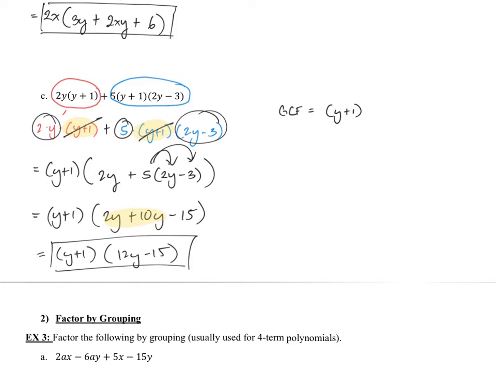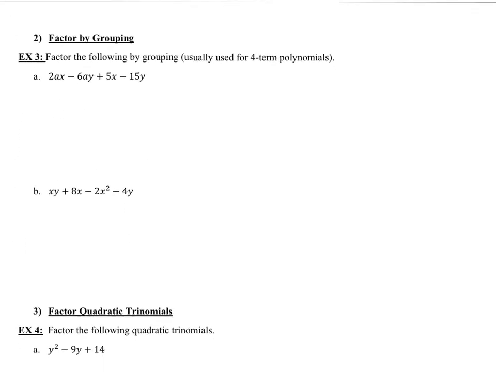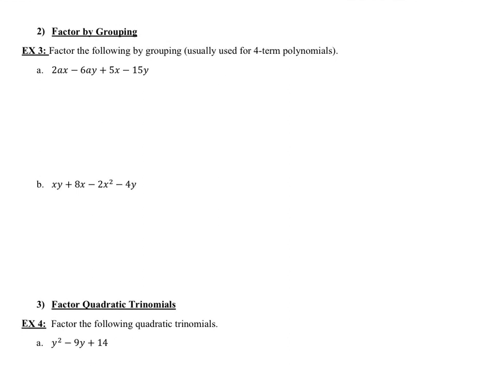Okay, let's take a look at the next objective, objective 2: factor by grouping. This is one of the many factoring methods. Example 3, factor the following by grouping. Note that this is usually used for 4-term polynomials.